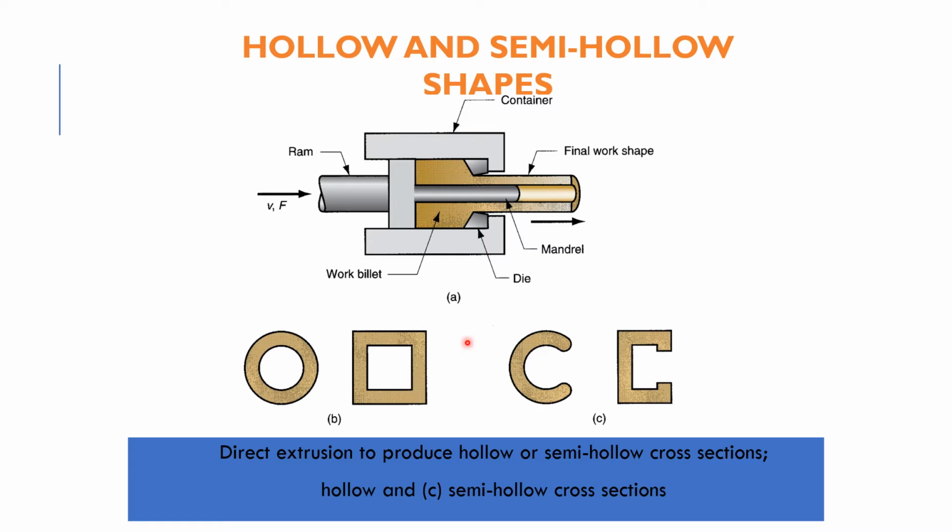Hollow and semi-hollow shapes can be produced depending on the opening of the die. Direct extrusion can produce hollow or semi-hollow cross section, and C is the semi-hollow cross section. This is the final product. This is hollow and this is semi-hollow.